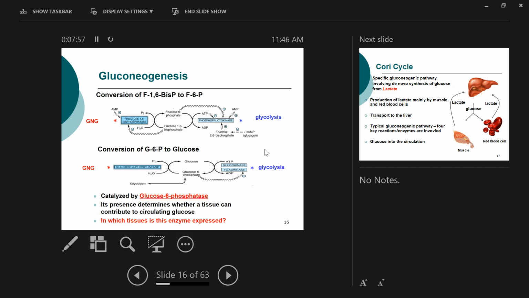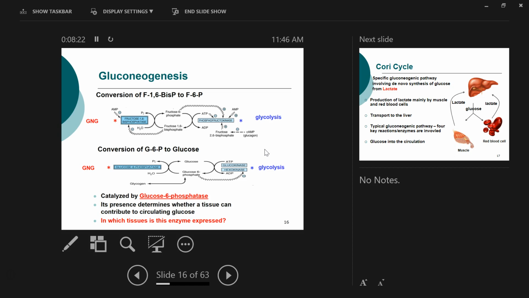And the left side, the reaction from the bottom to the top, is the gluconeogenesis direction, and this is a different enzyme that catalyzes the reaction, fructose 1,6-bisphosphatase.